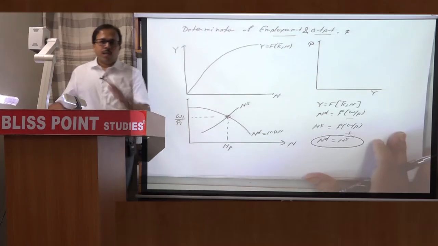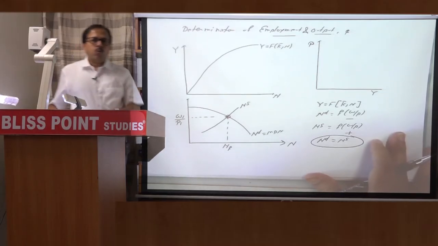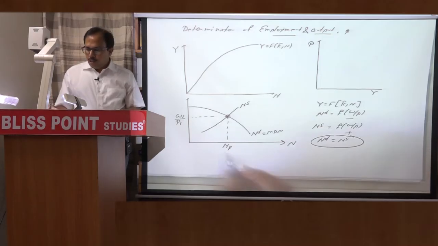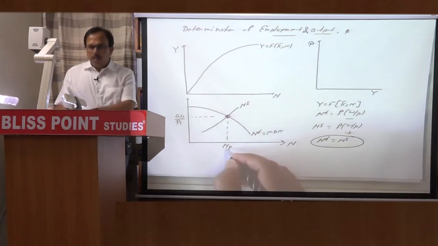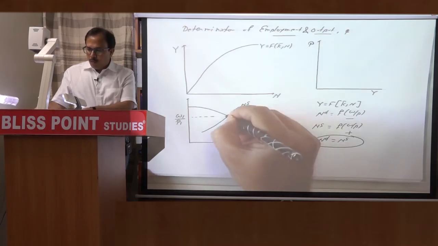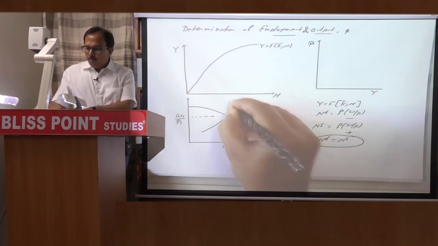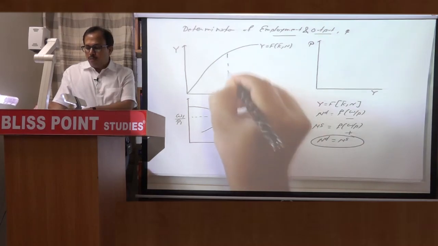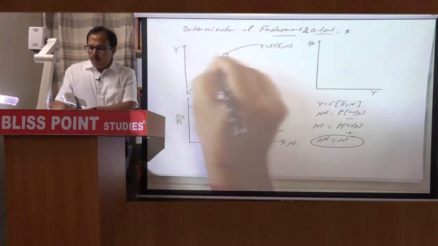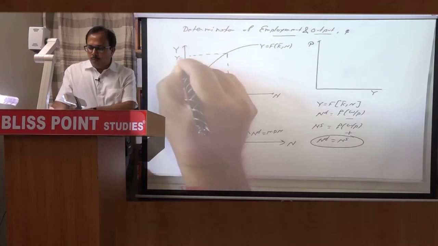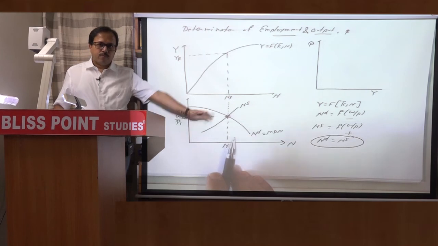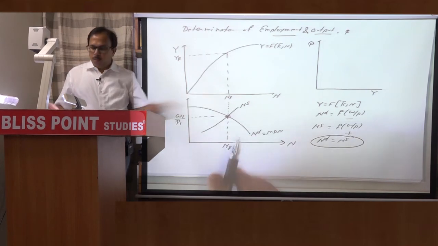If they are not equal, then the wage will continue to change. Clear? So from the labor market, draw this full employment of labor. How much output will this full employment of labor produce? That will be determined by the production function. So that will be YF. So first determine the employment here. That employment will determine the output.